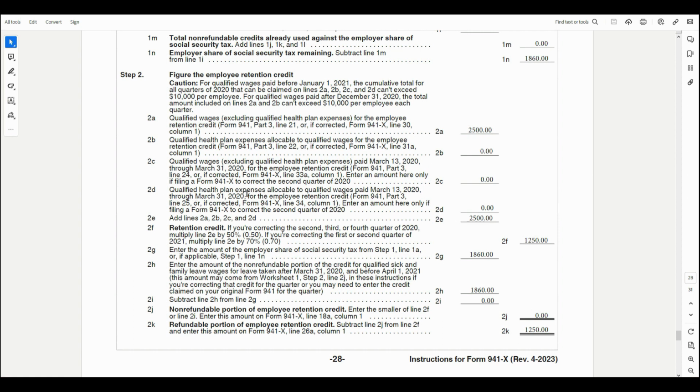Qualified health plan expenses allocable to qualified wages paid from March 13, again for that final part of the first quarter, we're going to assume that's 0.